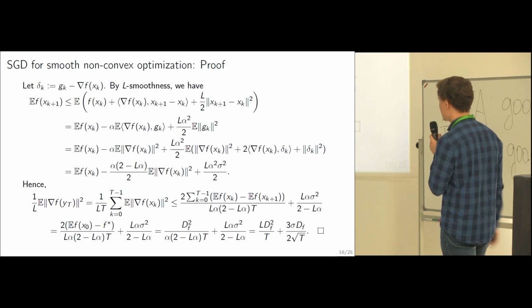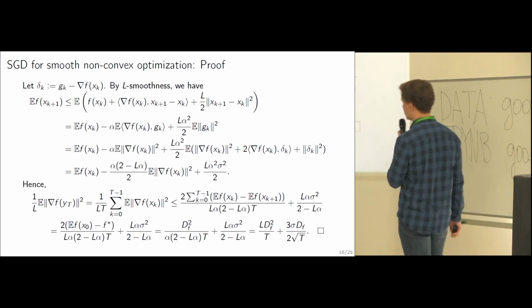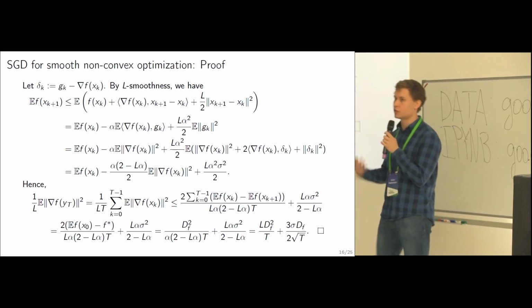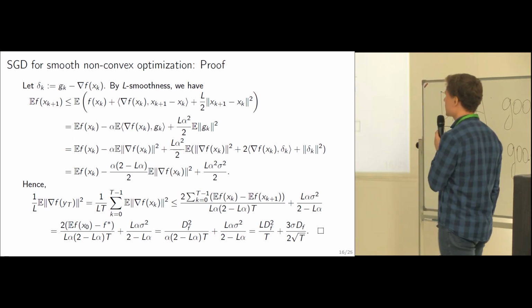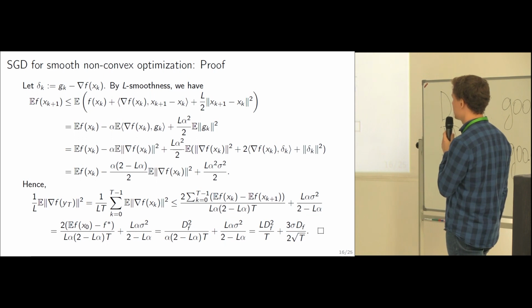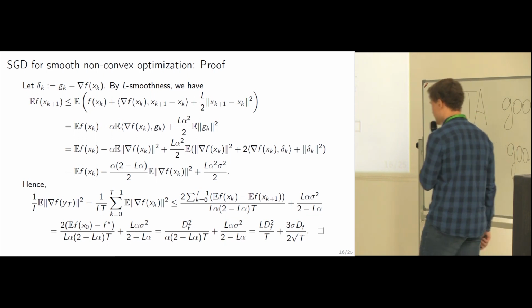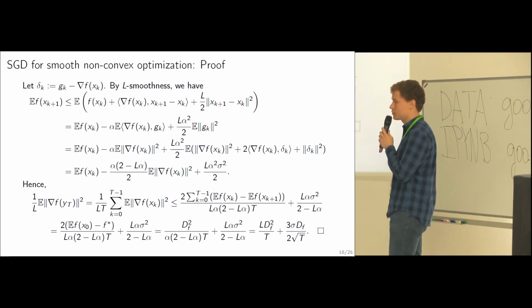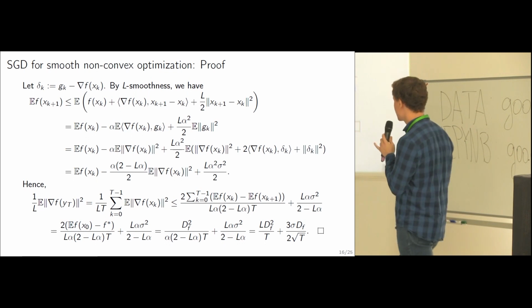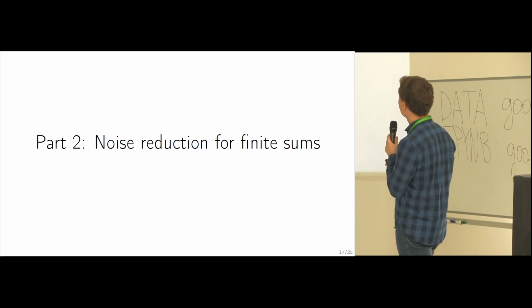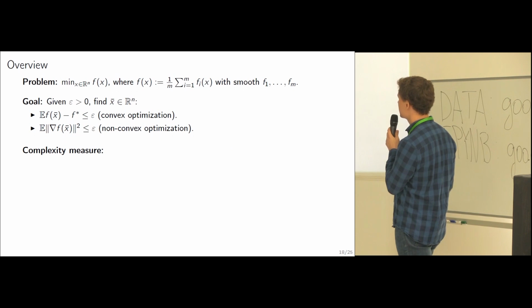But if our function has some additional structure, then in some cases it is possible to return the last point. This is the case for strongly convex optimization, when our function is strongly convex. But again, let me not discuss it in detail.